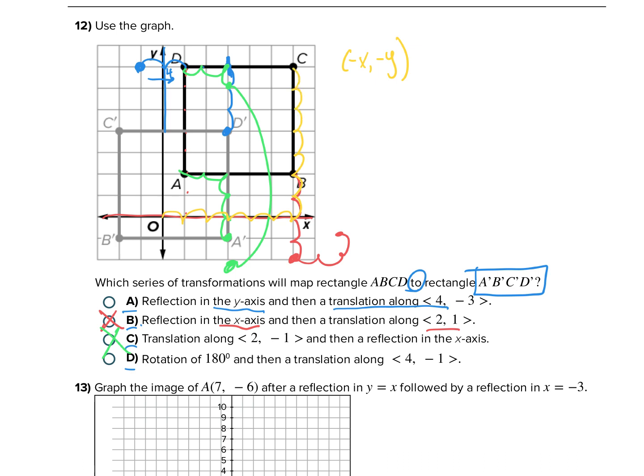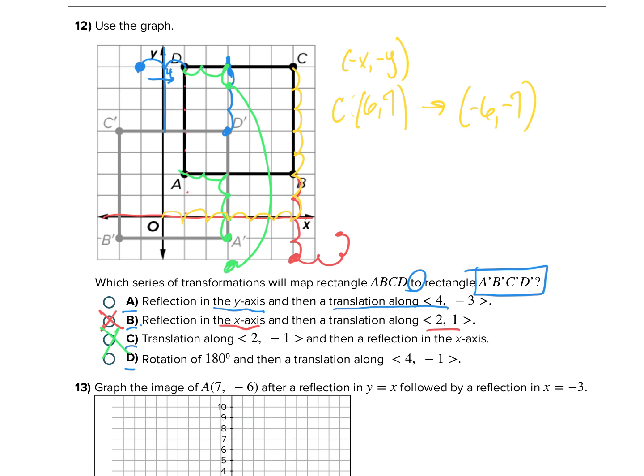So point C is at 7, 6. If I counted right. Nope, I reversed it. Sorry. I have a very bad habit of doing that sometimes. 6, 7. Okay, so a 180 degree rotation would be just -6, -7.